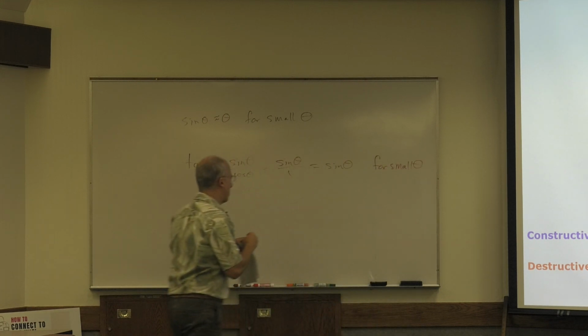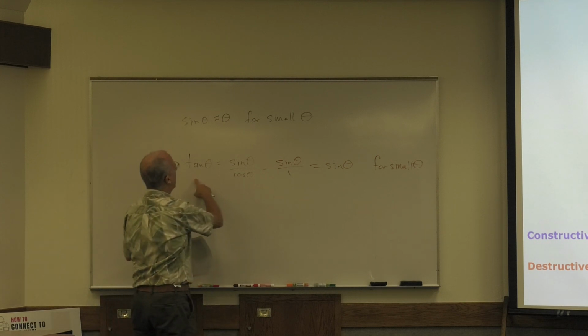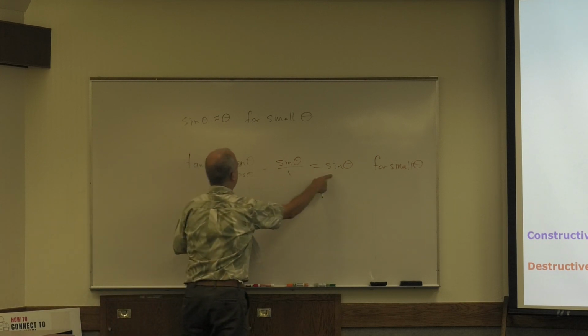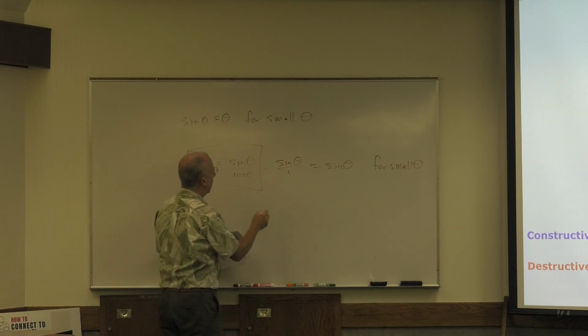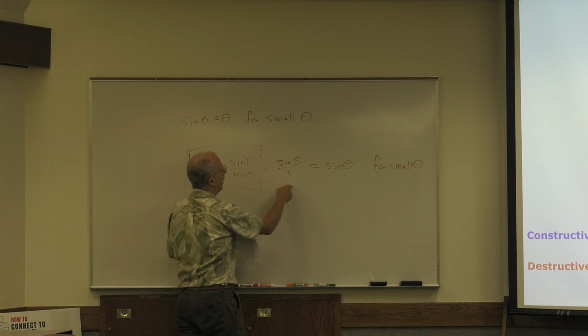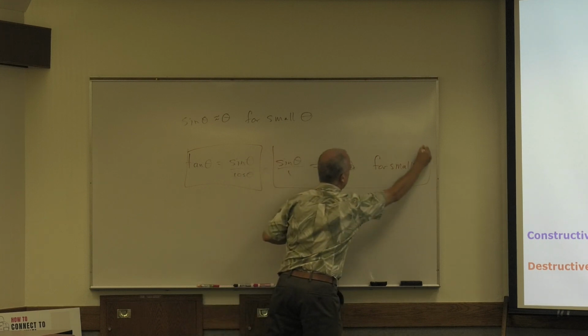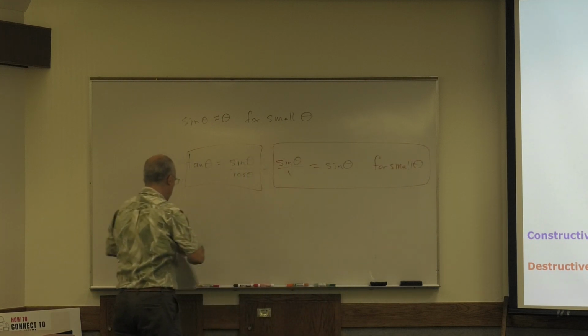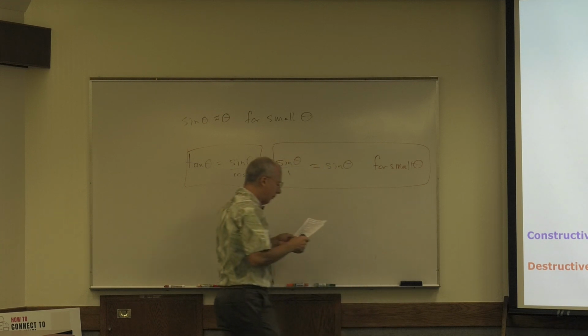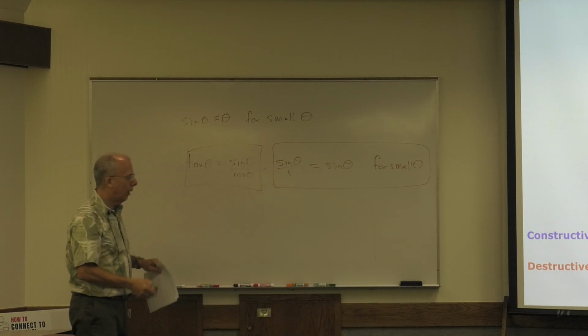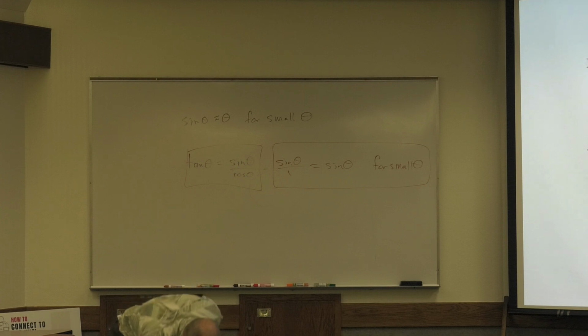For small theta, tangent theta is equal to sine theta. I mean, this is just true, right? But for the small angle, we're saying that cosine theta is equal to 1. So that's the small angle business. We'll use that once in a while, like now.